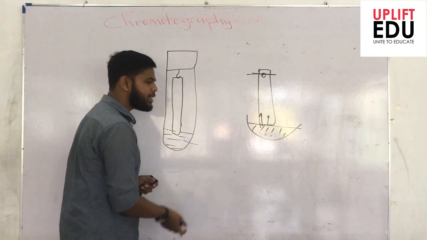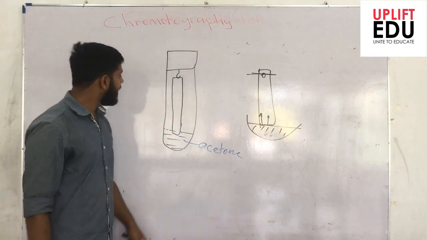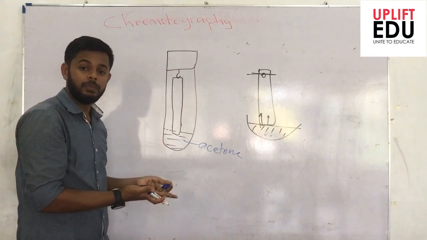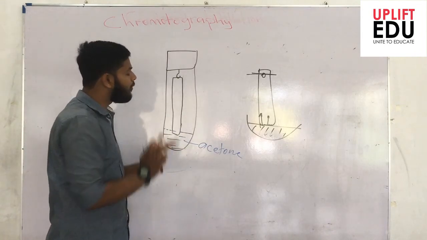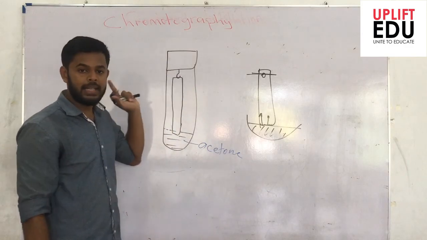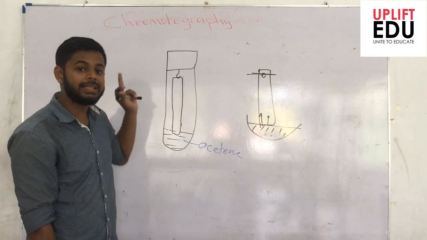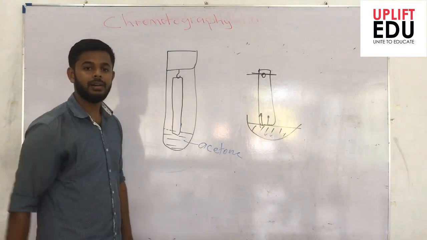Let me take kerosene or acetone. I have taken acetone, and I have to make sure when I am keeping this piece of A4 paper that the paper does not touch any of the walls of this test tube, and the upper portion also does not make a larger contact with the upper surface. So we hang it using a small hinge.